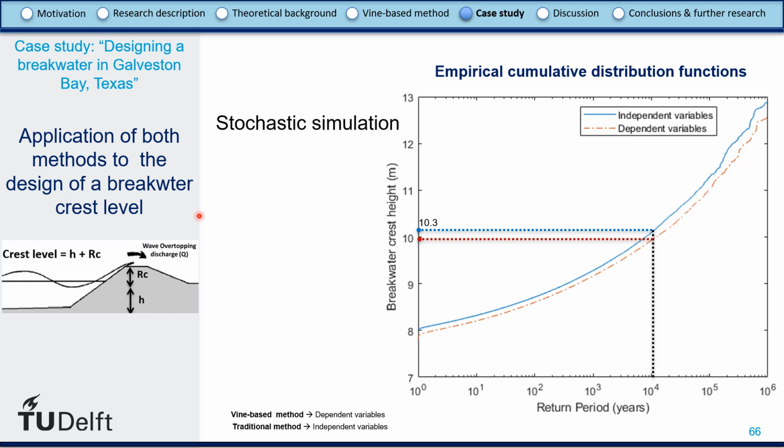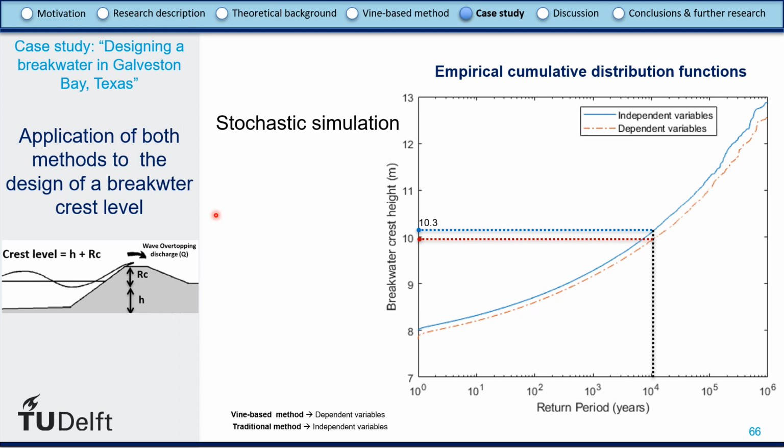So what was done here was basically to simulate many samples from both distributions. In the traditional approach, we sampled univariately many values from the univariate distributions. And then the vine copula was fitted to our data.